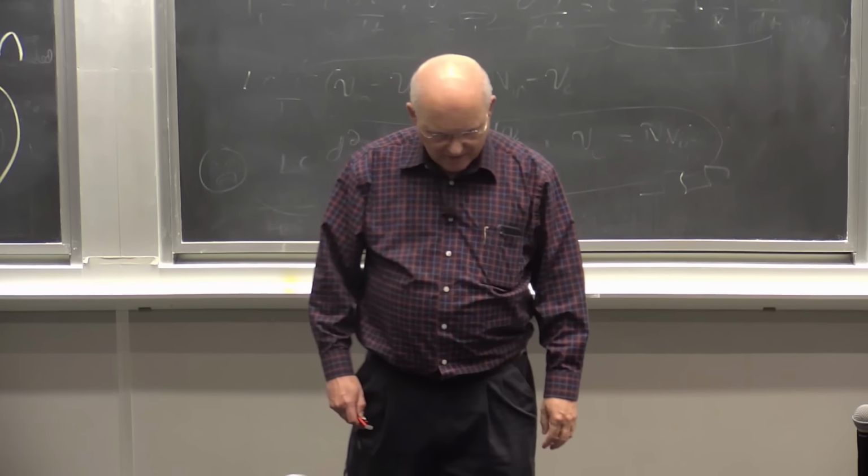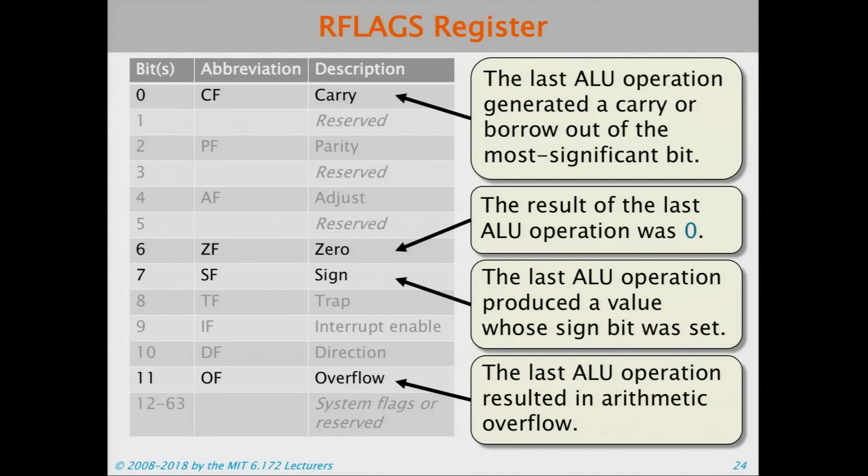Here are the main ones that you're going to need. The carry flag is whether you got a carry or a borrow out of the most significant bit. The zero flag is set if the last ALU operation result was zero, the sign flag is set if the last ALU operation had the sign bit set, and the overflow flag says it resulted in arithmetic overflow.